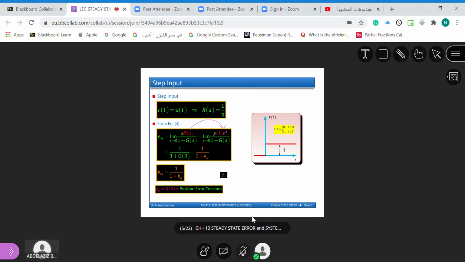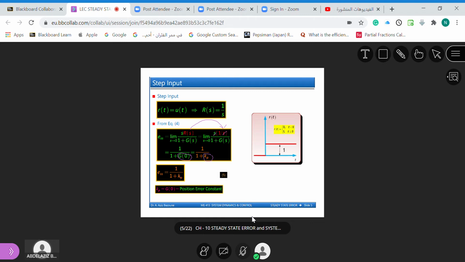This G of 0, we call it Kp, which is the position error constant. And the steady state error itself will be 1 over 1 plus Kp. So the steady state error will be 1 over 1 plus Kp for a step input. And Kp is known as G of 0, or the position error constant.